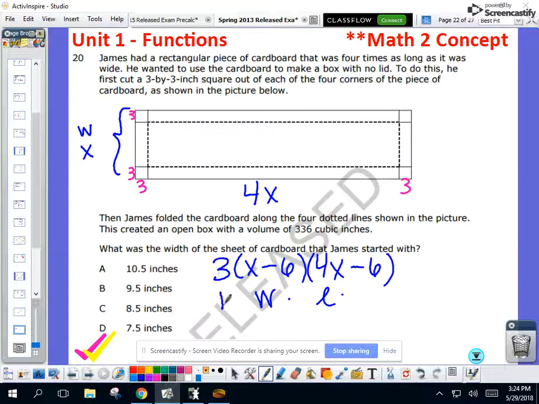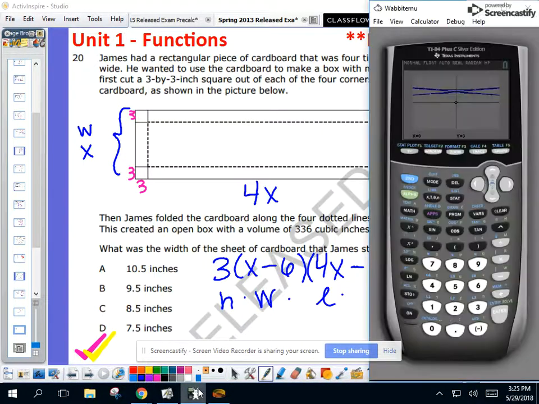So now what we're being asked to do is calculate the width of the cardboard that he started with if the volume is going to be 336 cubic inches.